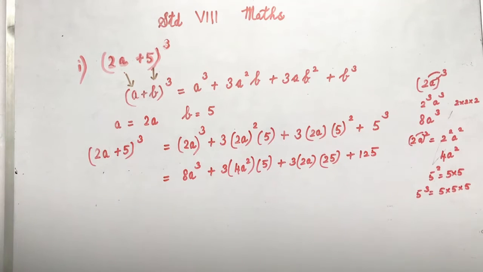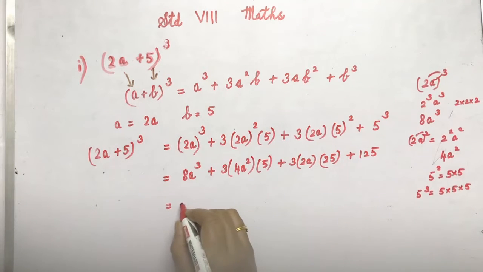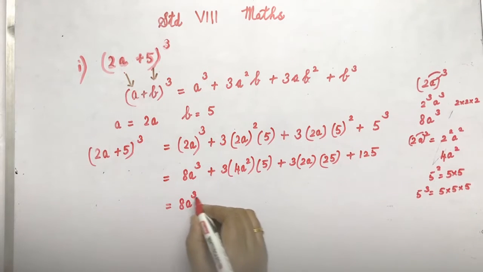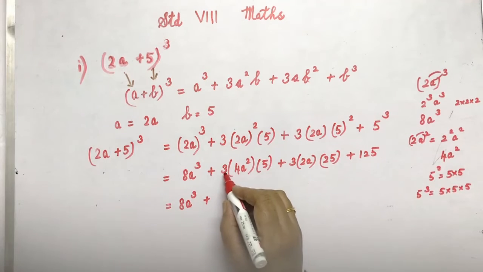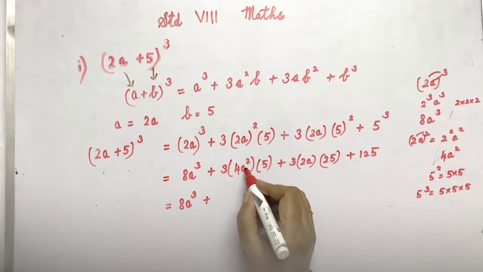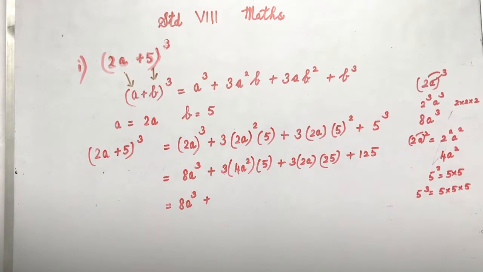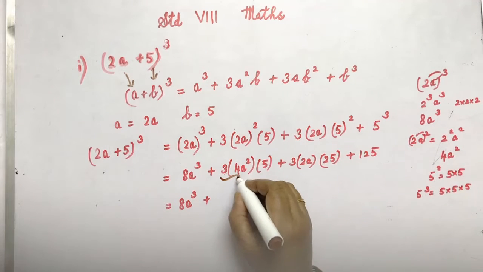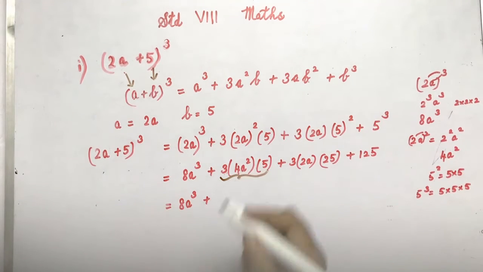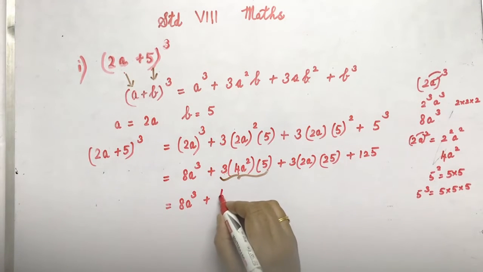Now we have to multiply. So 8a cube. Now in this expression all the 3 terms we have to multiply. So 3 into 4a squared into 5. This fully we should multiply. So 3 fours are 12, 12 into 5, 60.